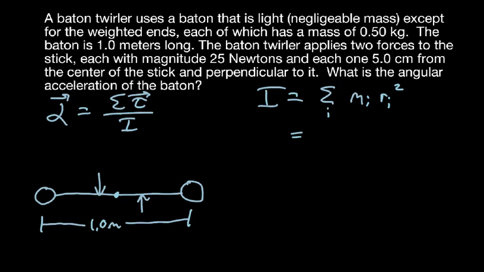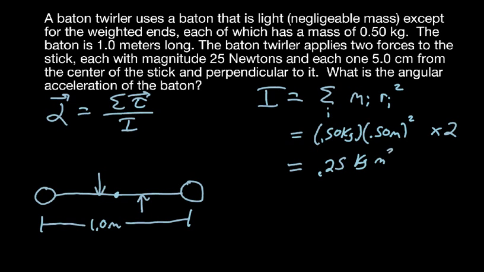So our mass for each one of these is 0.50 kilograms, and the distance for each one is going to be 0.50 meters from the center, from our axis of rotation, and that gets squared. And there's just 2 exactly like this, so I'm just going to multiply by 2. And so that's going to give us 0.25 kilogram meters squared.